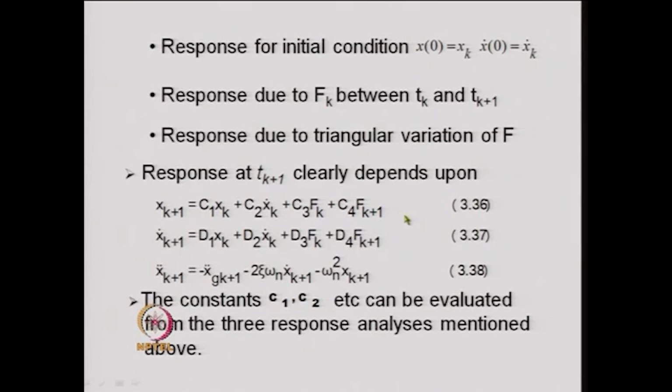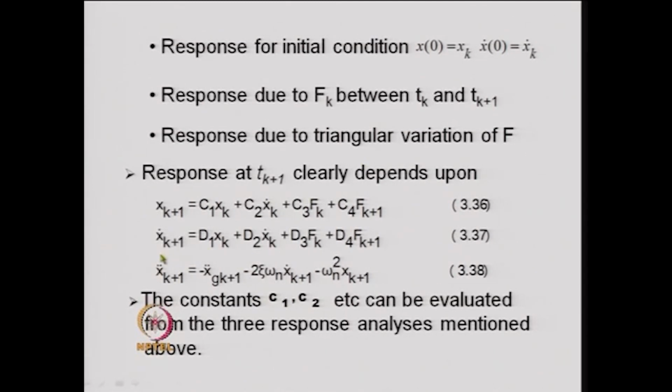So, what we can write down is that x k plus 1 is equal to some constant multiplied by x k, some constant multiplied by x dot k, some constant multiplied by f k, and some constant multiplied by f k plus 1. Similarly, one can write down x dot k plus 1 in terms of this equation, where d 1, d 2, d 3, d 4 are the constants that are to be obtained.